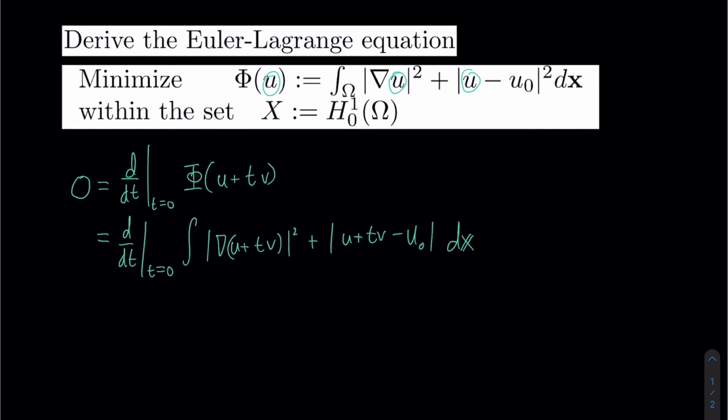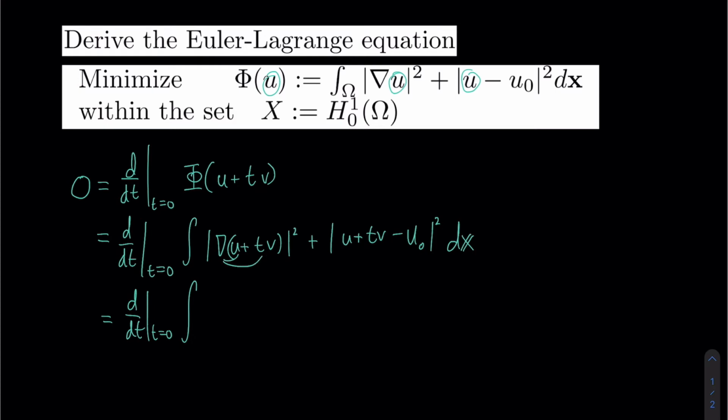For example, I forgot a squared here. And actually, let's work this out a little bit. Okay, so we still have our derivative, but now we're going to have, so gradient is a linear operator, right?